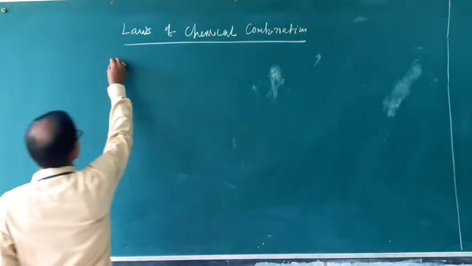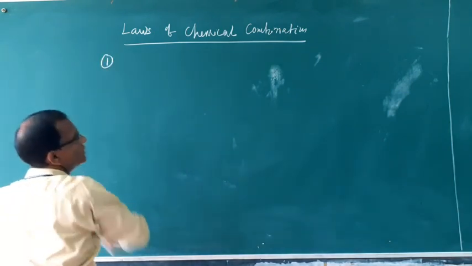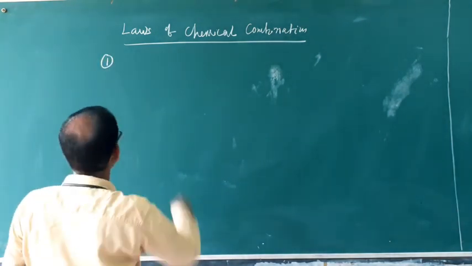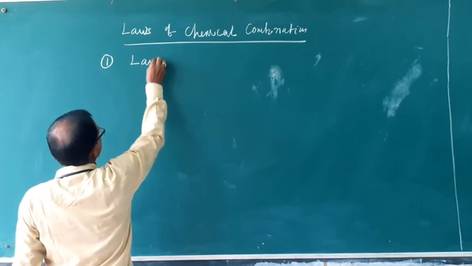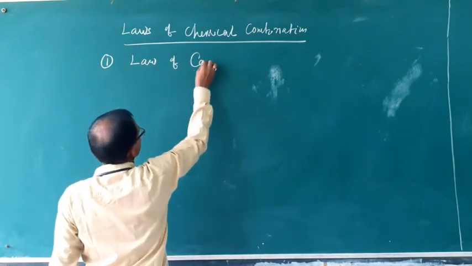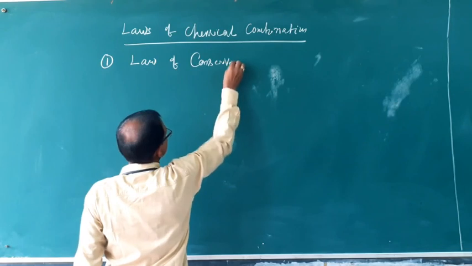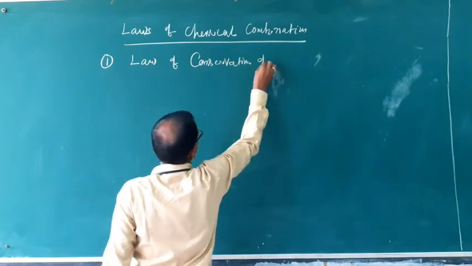Let us discuss some important laws of chemical combination. The first law is called the law of conservation of mass.